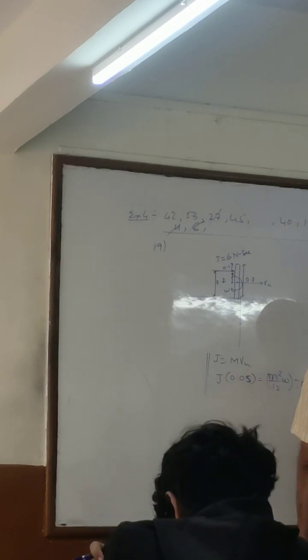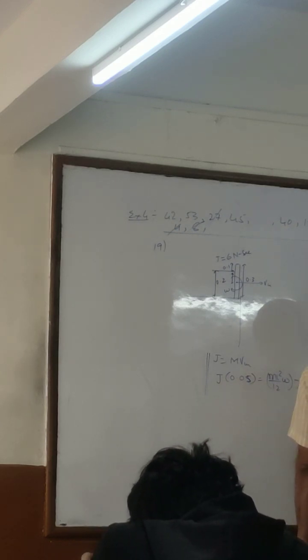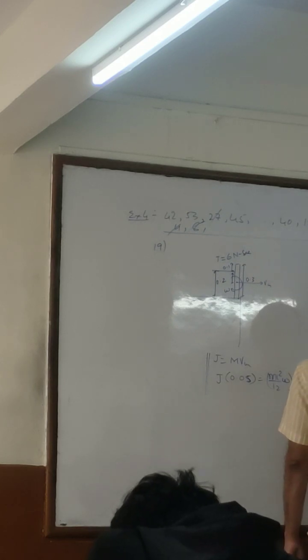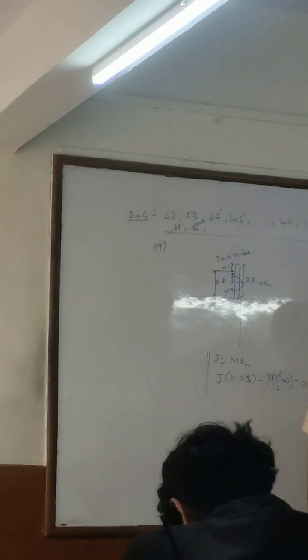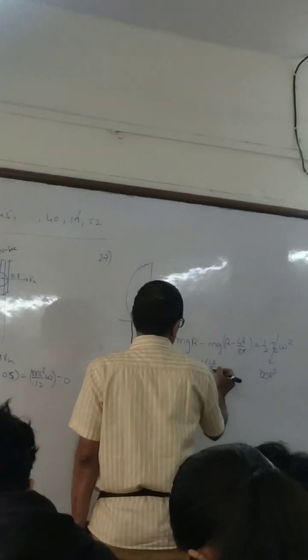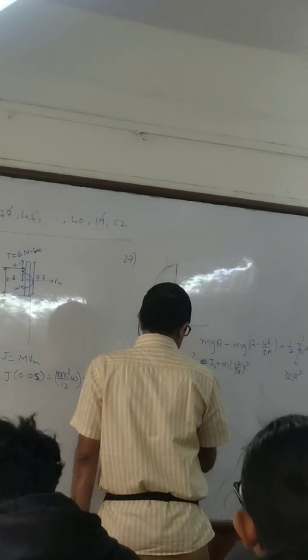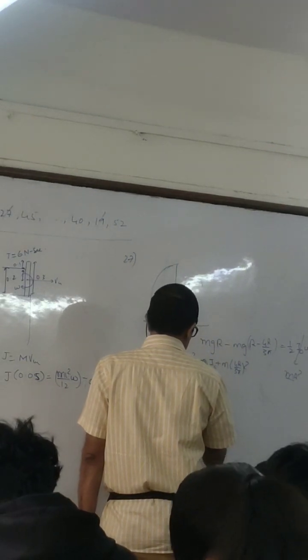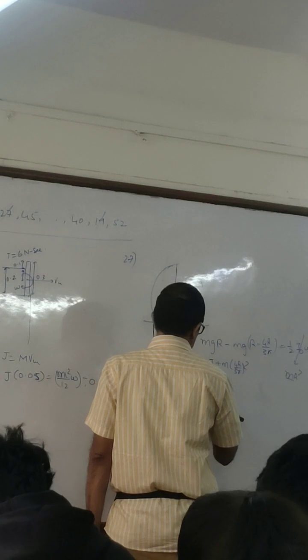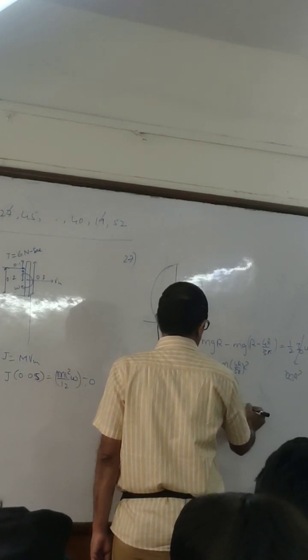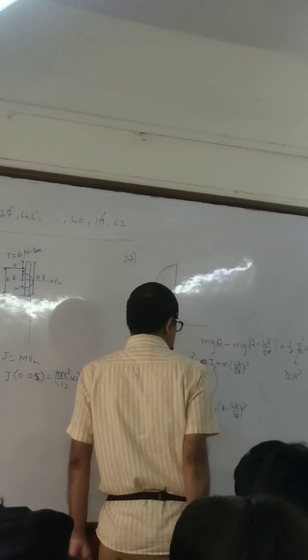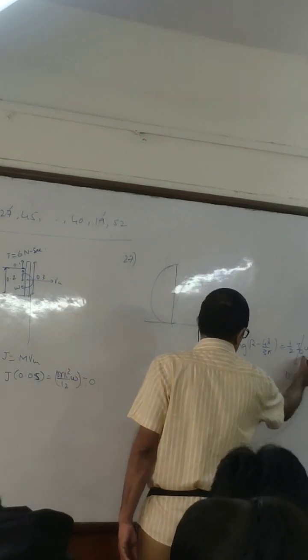This is I about C, this is not C. This will be mr square by 2 is equal to I about C plus m into 4r by 3 pi whole square. I about O will be I about C plus m into 4r by 3 pi whole square. I about C, I'll substitute here I about O.